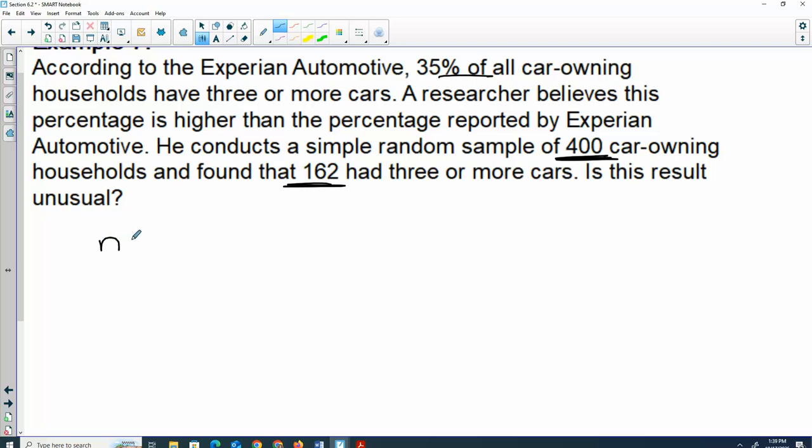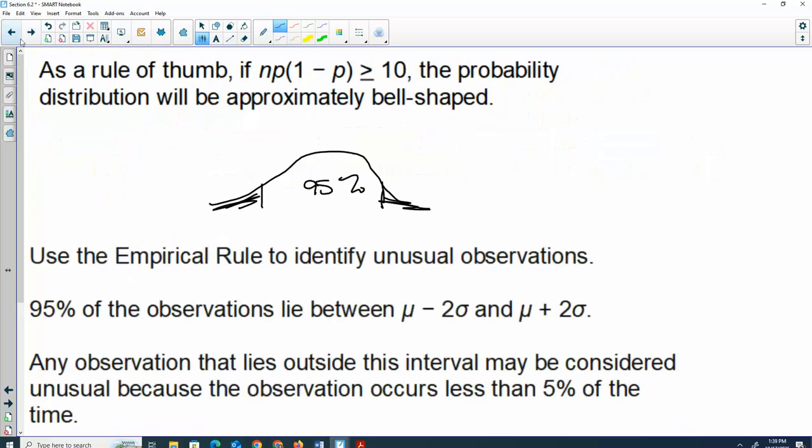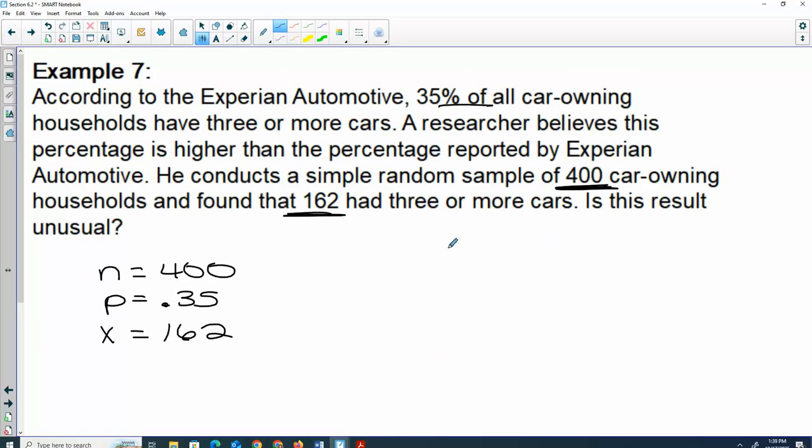What is my N? 400. Okay, what's my P? Okay, what is my X? 162. And I told you that if N times P times 1 minus P is bigger than 10, it becomes bell-shaped.